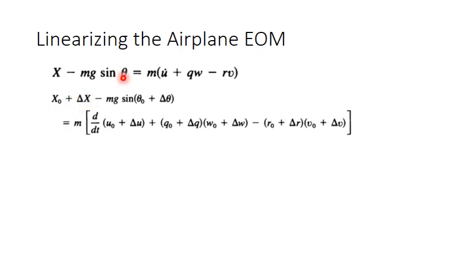And the same for theta, which is replaced by theta naught, a steady state value, and a perturbation variable delta theta, and so on for u and for q, w, r, and v. So this equation is the same as that equation after replacing each variable with a steady state value and a perturbation variable.